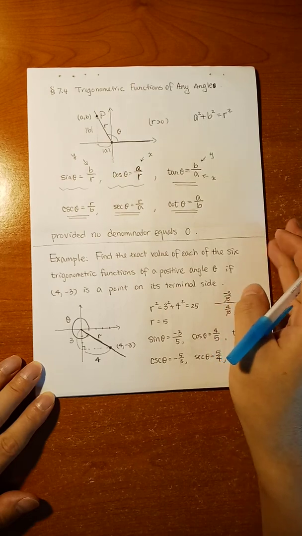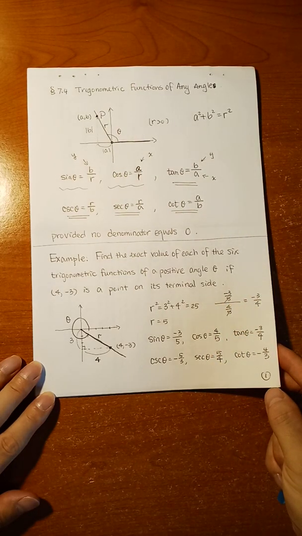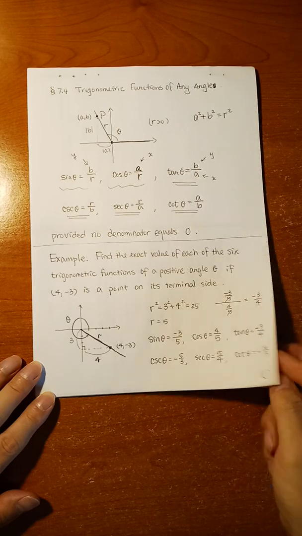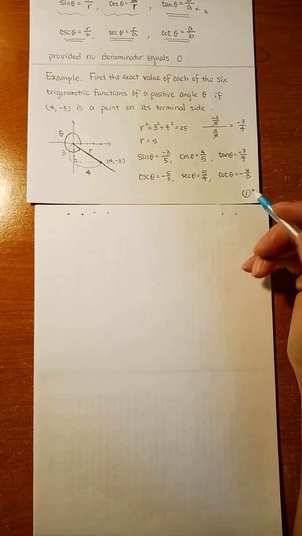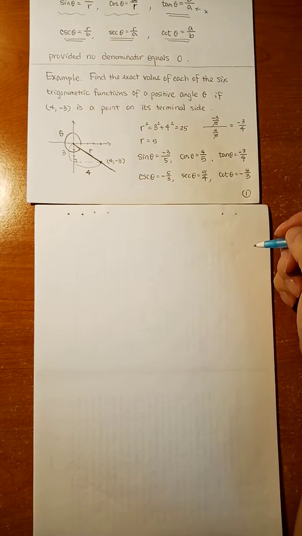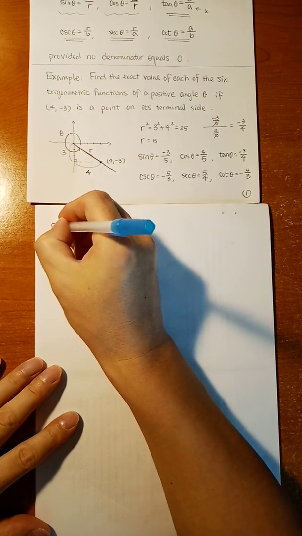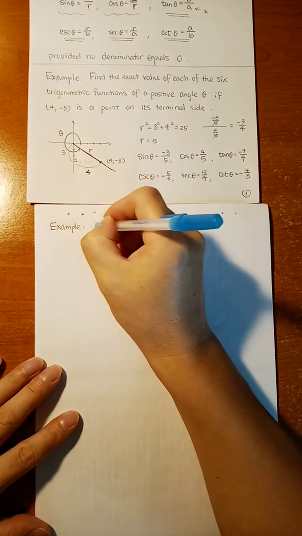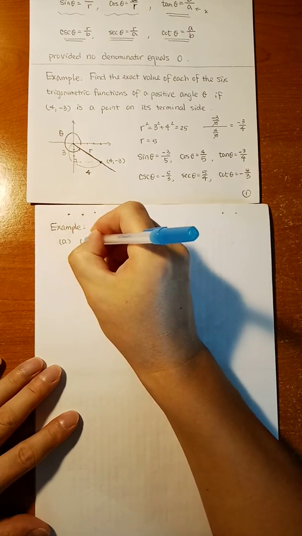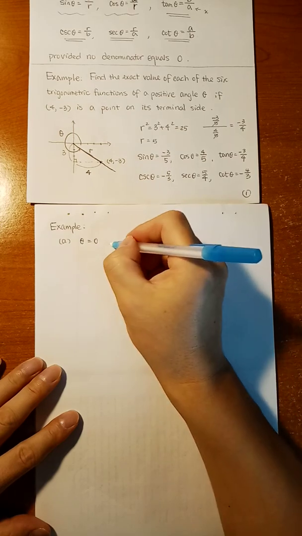Okay, now let's check some special values. We already know the exact values for certain special acute angles. So now let's talk about other special angles. First, when theta is equal to 0, 0 radians or 0 degrees.